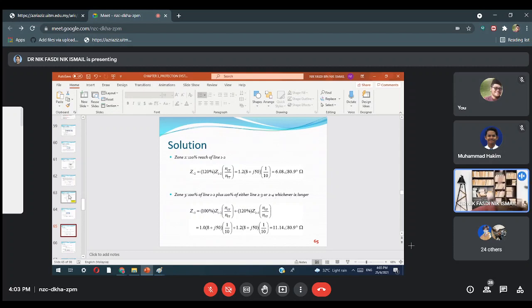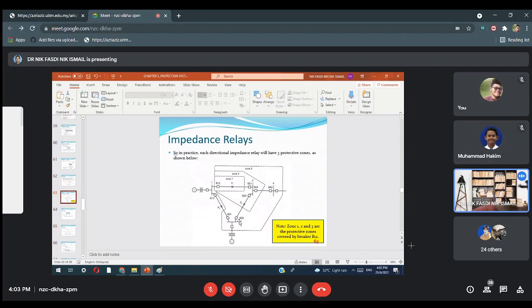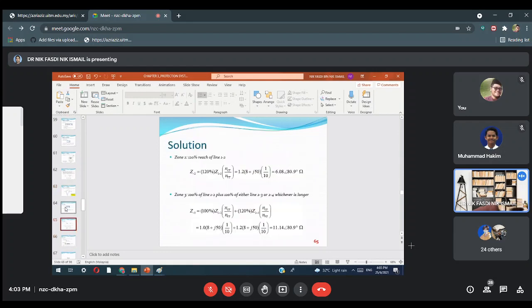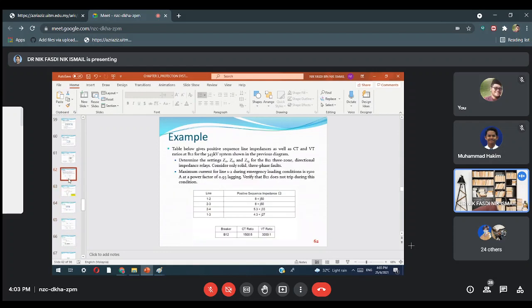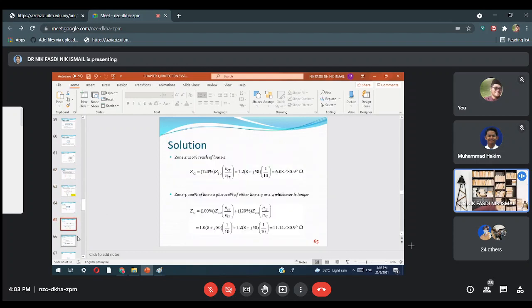Going back to this circuit, 2 to 3 is longer, and 2 to 4 is shorter, so we choose the impedance of 2 to 3. From the question, 2 to 3 is about 8 plus J50, at 120%.